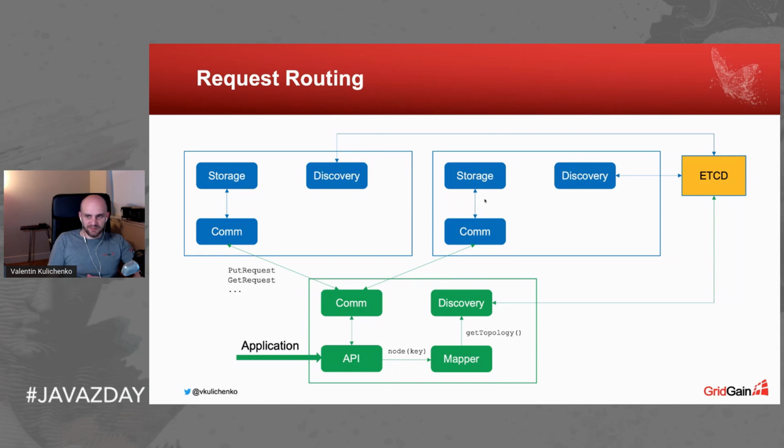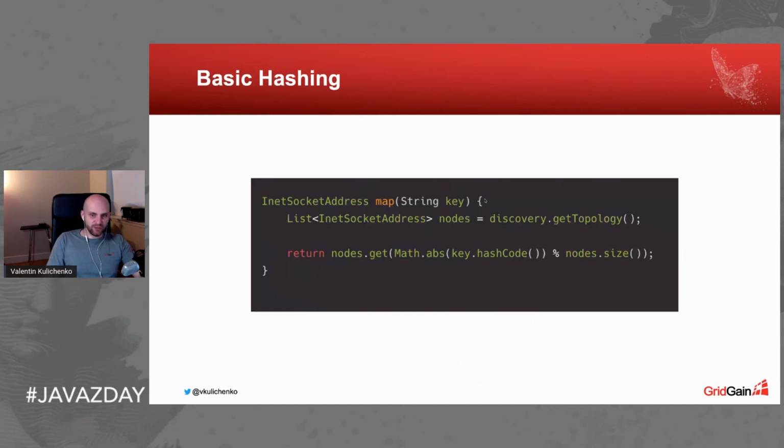So the question is what the magic that we're talking about here is. If you've been working with different data structures like a hash map or whatnot, and I'm sure you have, you probably already thought about hashing, which seems to be a very good solution for these kinds of things, and we'll be using hashing here as well. We'll start with a very simple hashing mechanism that will provide consistent results.